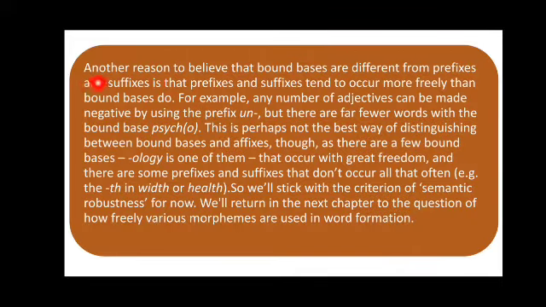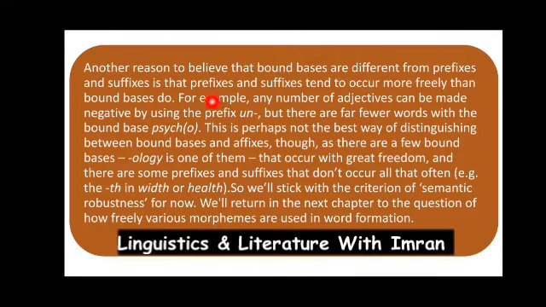So, another reason to believe that bound bases are different from prefixes and suffixes is that prefixes and suffixes tend to occur more freely than bound bases do. So we can find prefixes and suffixes more freely than bound bases. So bound bases occur rarely, not freely. For example, any number of adjectives can be made negative by using the prefix un.